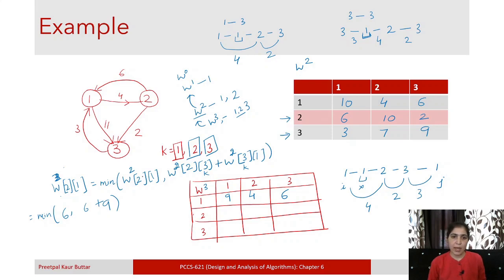Yeah. And then 2, 3, is it 2 3? Yes, it is 2 3. 2 3 is 2 and 3 1 is 3. Okay, so we are getting a better path, 5.